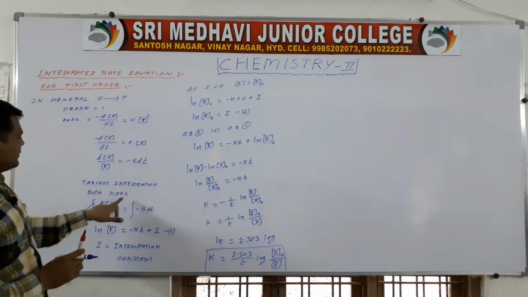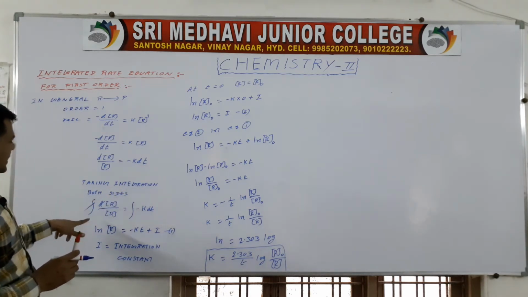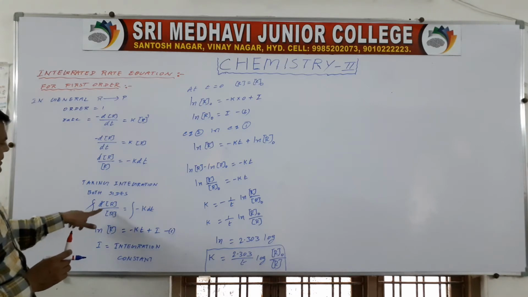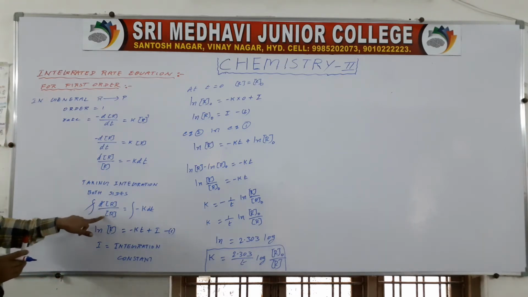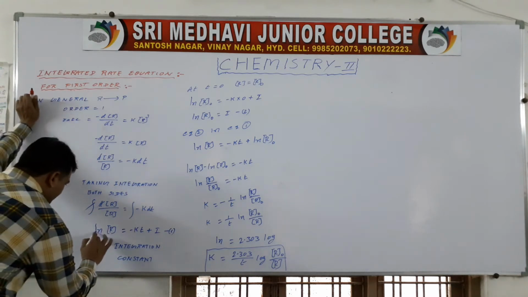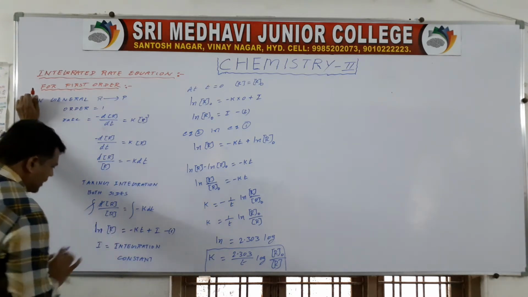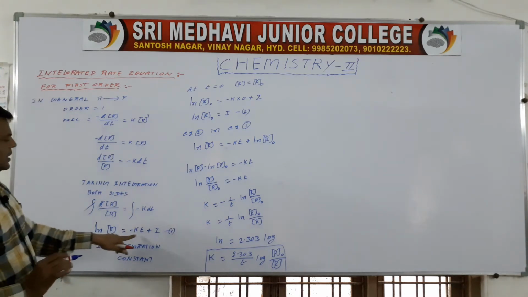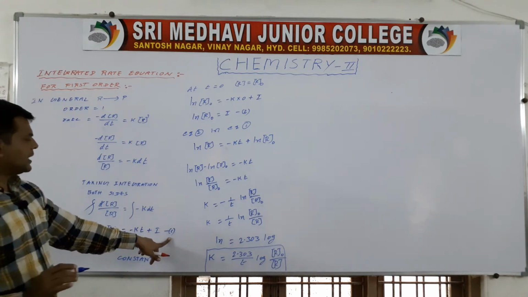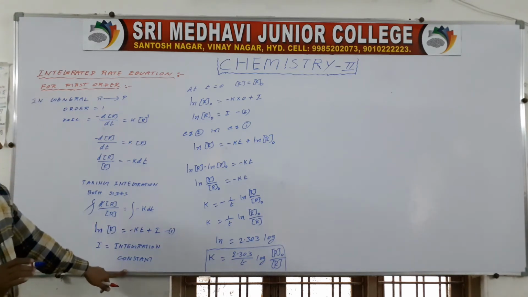Then taking integration on both sides, integration and differentiation cancel, so [R] does not have a differentiation. So natural logarithm of [R] equals minus kt plus I, where I is the integration constant.